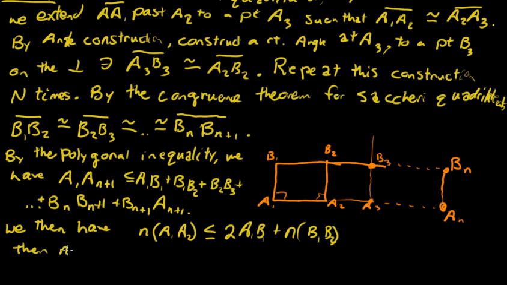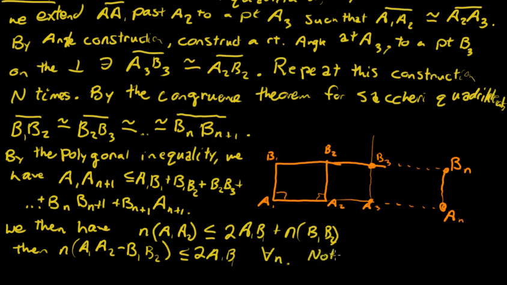Well, then we get n times A sub 1, A sub 2 minus B sub 1, B sub 2 is less than or equal to 2 A sub 1, B sub 1 for all n.